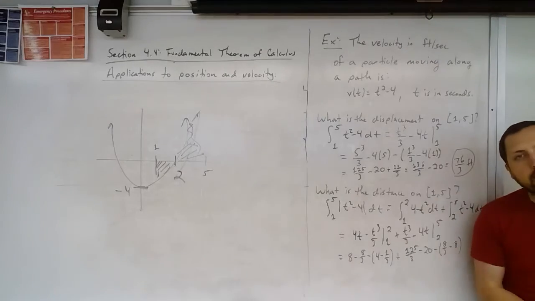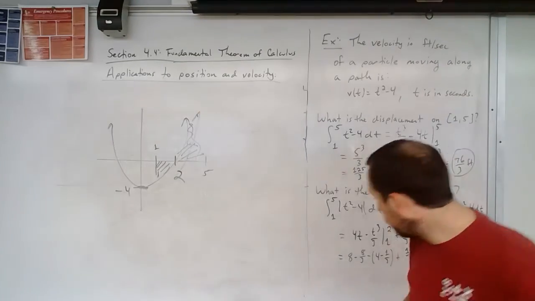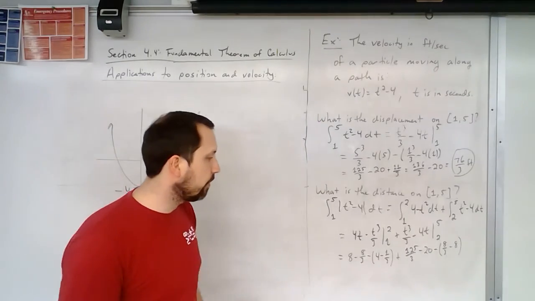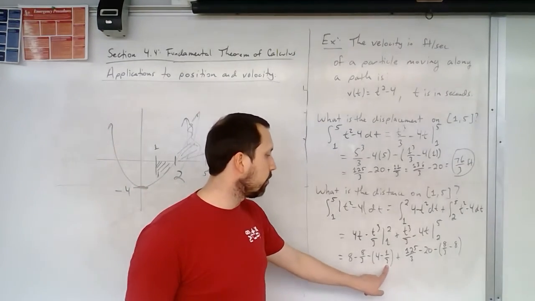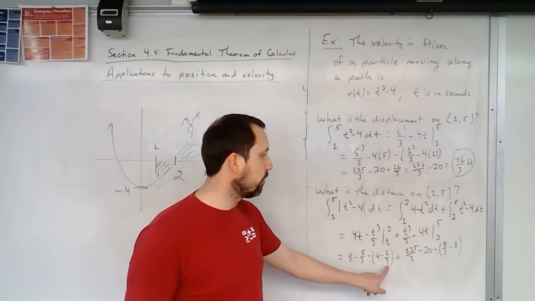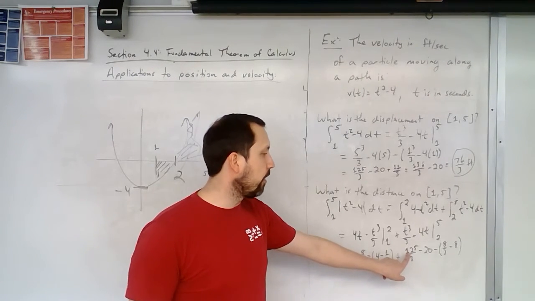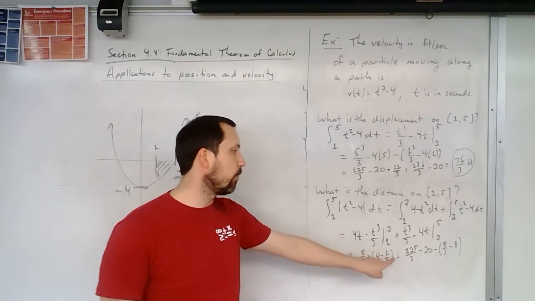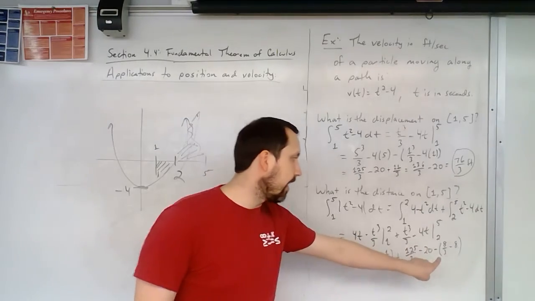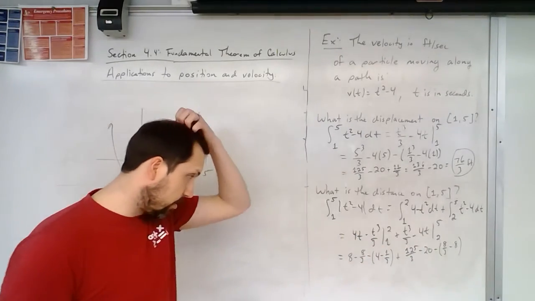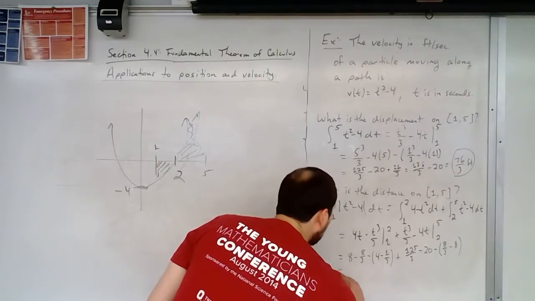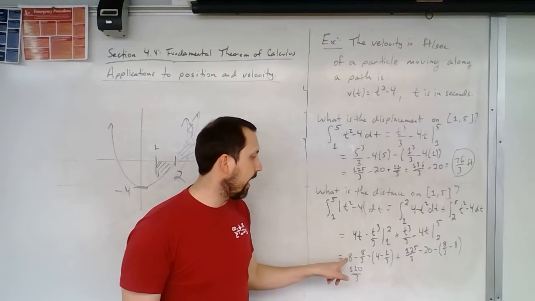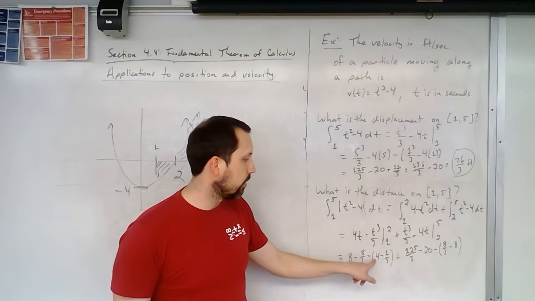And now we just simplify all of this. We have a whole bunch of these terms that we're going to be working with. So if we just deal with the fractions over 3, I have a negative 8/3 plus a 1/3. That will be a negative 7/3. Plus the 125 over 3, that will be 118 over 3, minus an 8/3. So that would be 110 over 3. And then my constant terms will be an 8 minus 4.